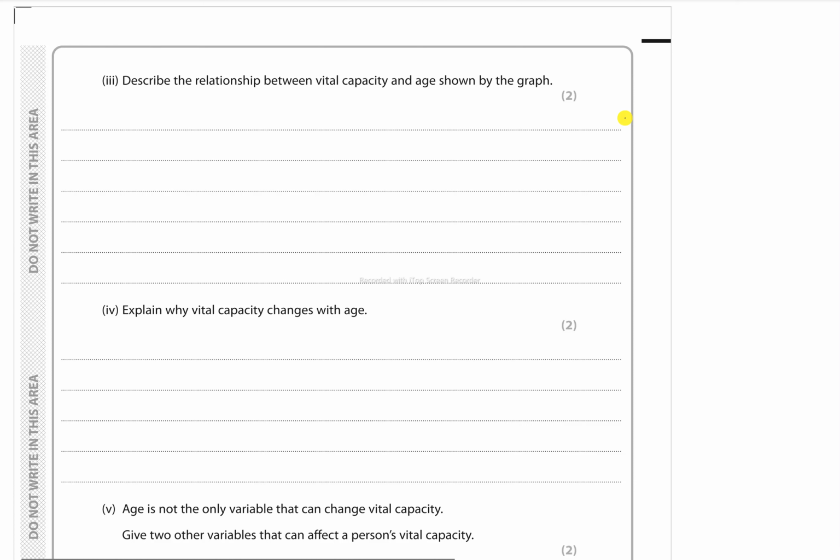Right, let's get that. Vital capacity increases up to the age of 20, 25, whatever you want to say. Describe, it's not saying explain.